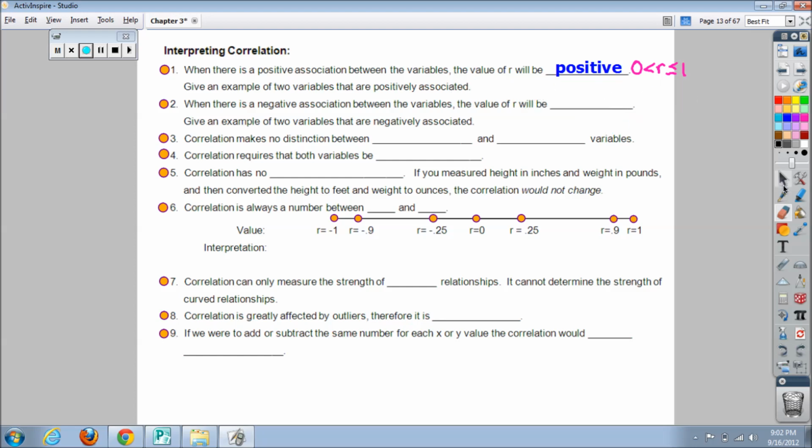When there's a negative association, then r will be negative. So we can flip things around like this. It could be equal to -1, but not equal to 0. And an example of two variables that are negatively associated, you could think of maybe your x-axis represents miles driven in your car, and the y-axis, let's say, represents amount of gas in tank.